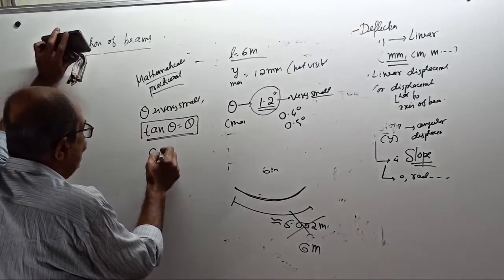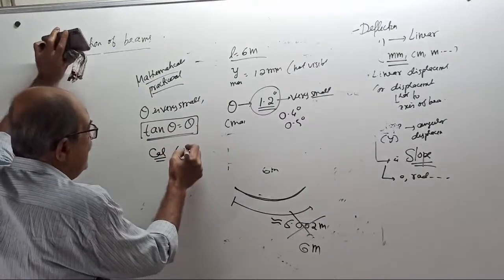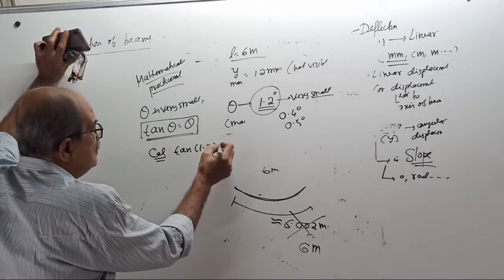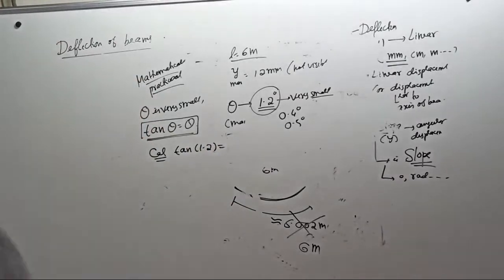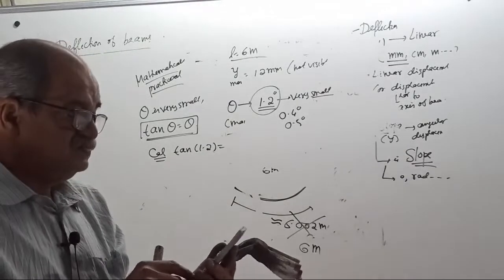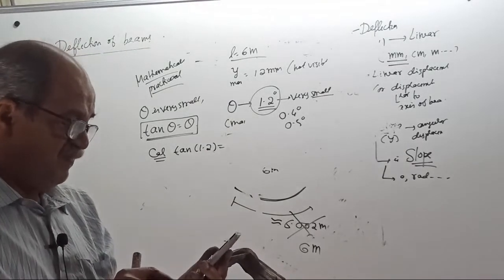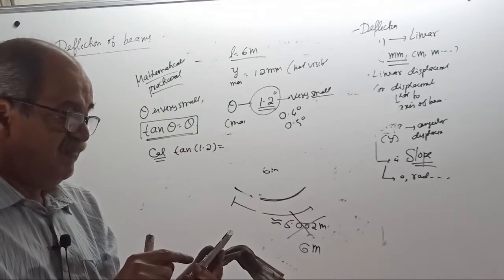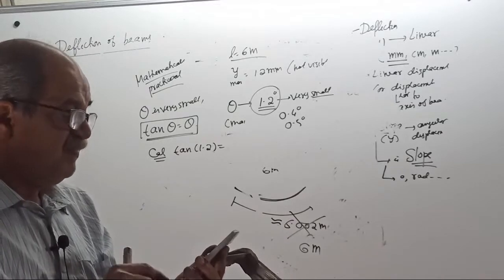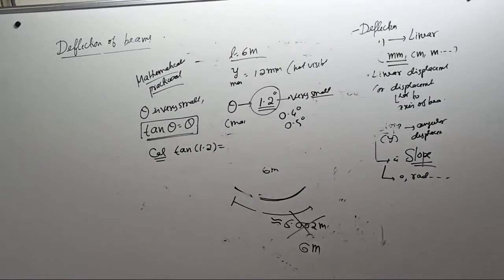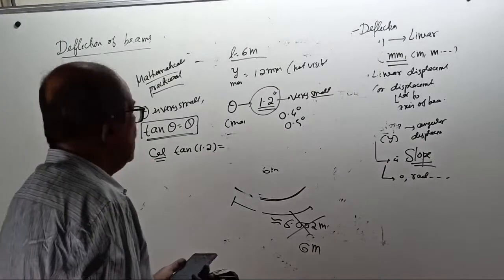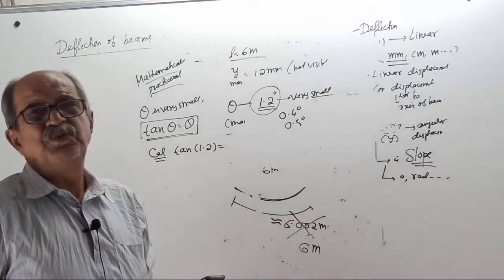Okay, now take your calculator and tell me what is tan of 1.2. Fast. We will check now only. No doubts later. Tan 1.2, how much? Actually 1.2 is very small.